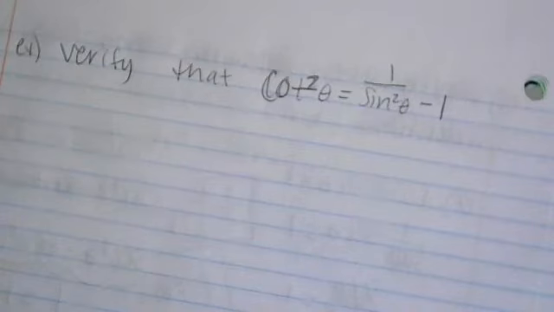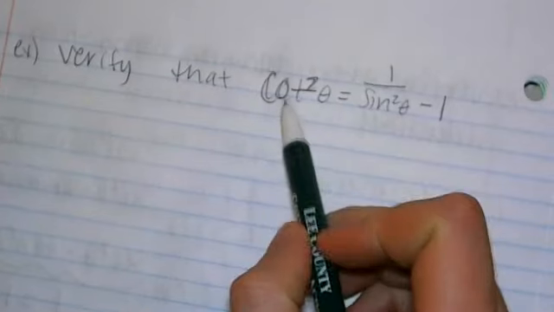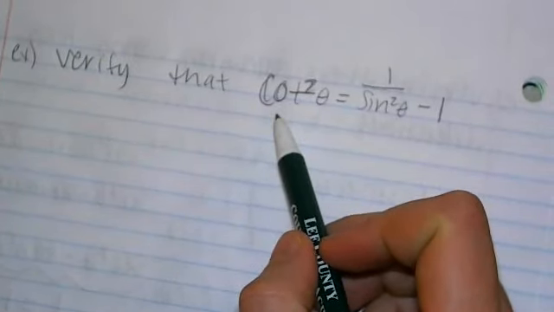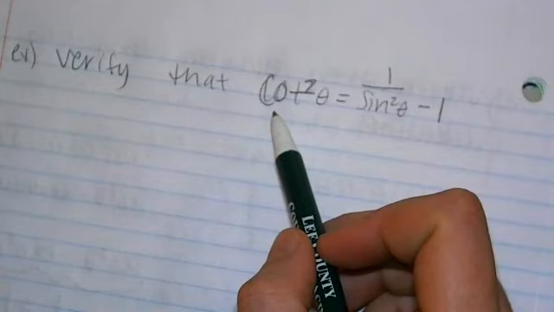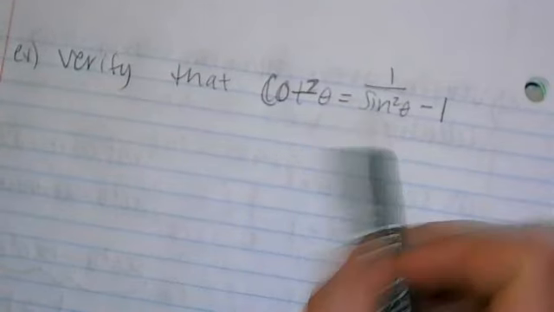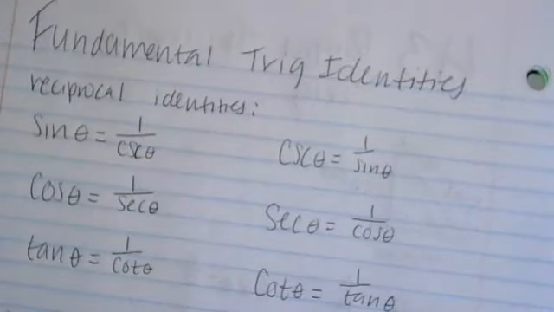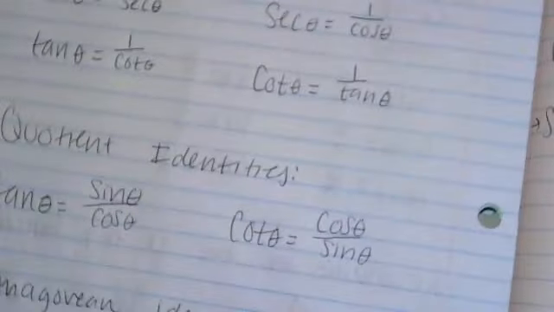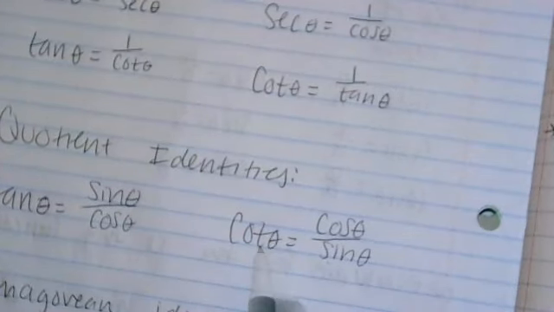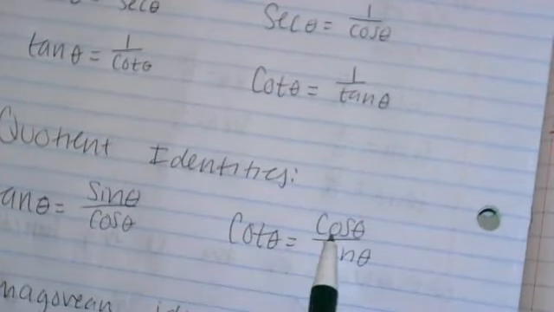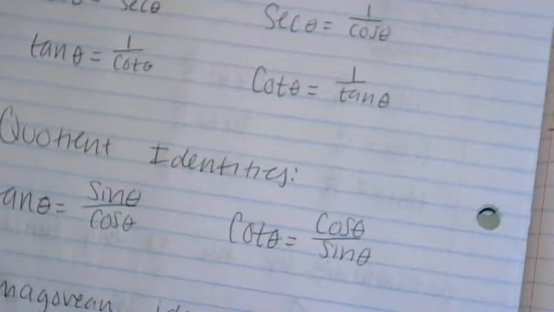So in doing so, my first instinct is that if I could use a quotient identity, that would bring up a sine, because I know my quotient identity involves both cotangent and sine. Yes, I'm also going to bring in a cosine, but I'll deal with that because there's no other identities that involve both cotangent and sine. So my guess is this will help me get somewhere.